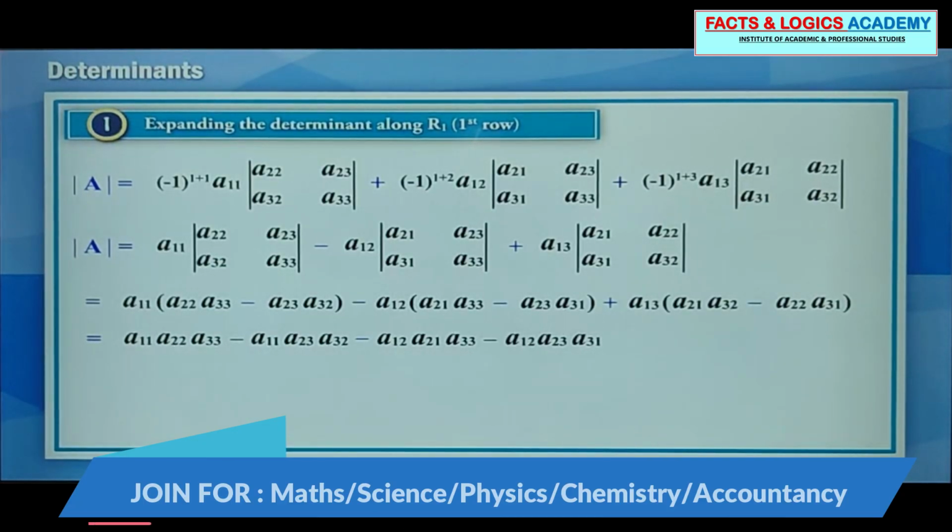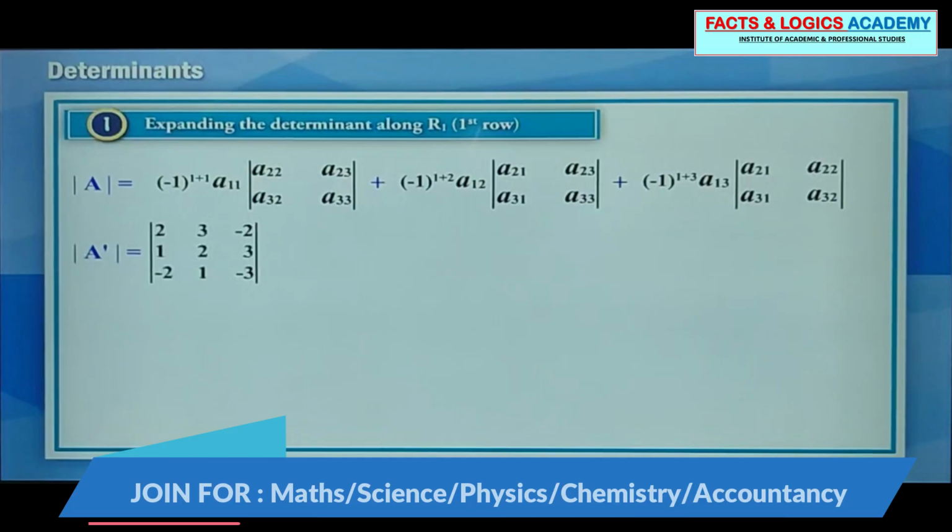On simplification, we get the required determinant of matrix A. Let us now apply these steps to expand the determinant of A dash along the first row.